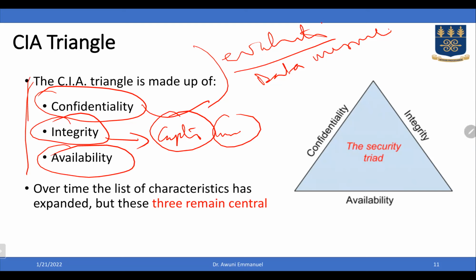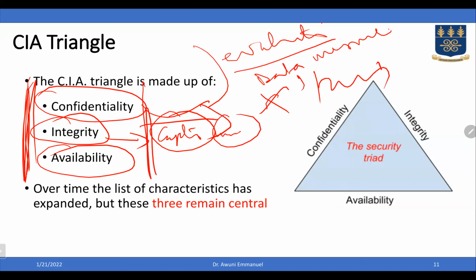Now, as time went on, there were some other characteristics that emerged, especially with the evolution of the internet, which began to generate massive data, and organizations also decided that they wanted to automate their processes. So these characteristics went a bit further. However, these are the key characteristics of information security. Over time, the list actually increased.